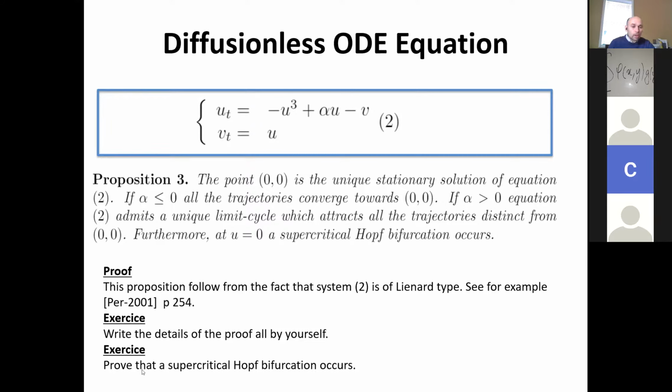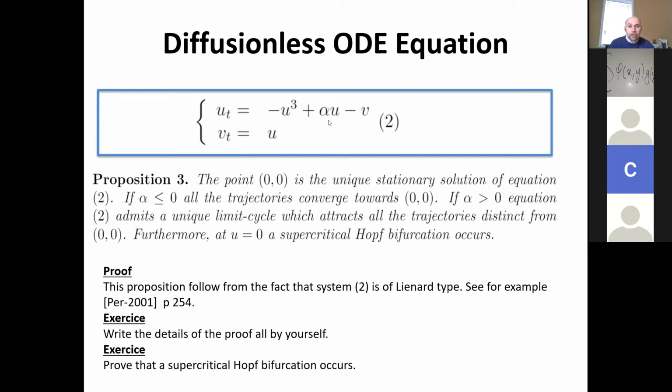Two things. This system is a nice example to introduce the supercritical Hopf bifurcation because you can do the computation quite easily. Again, you can look at the book of Perko, and if you want to prove rigorously the Hopf bifurcation, in particular that it is supercritical, which means that a stable limit cycle appears, you have to compute a coefficient.